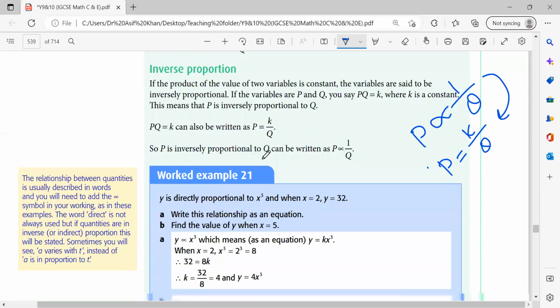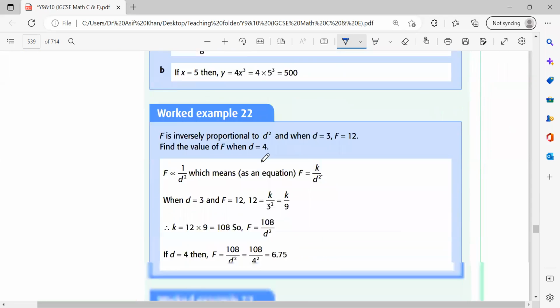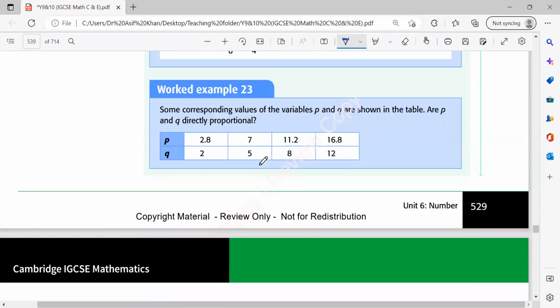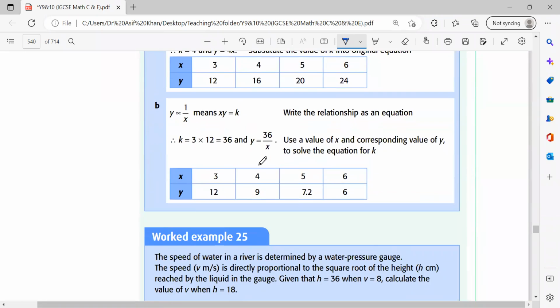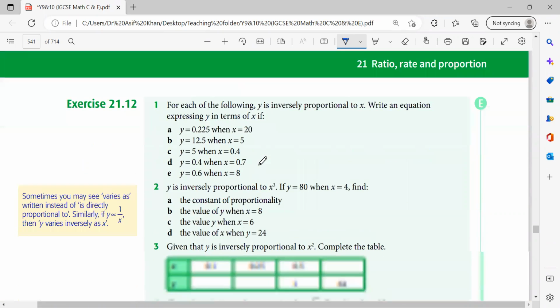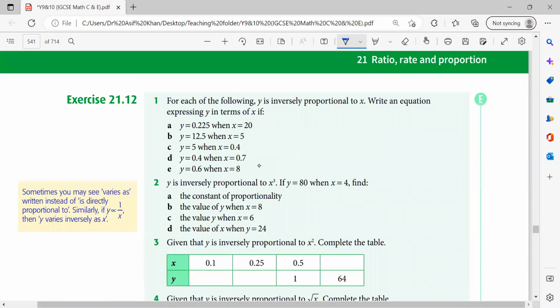Now here you can see, with the questions we start. See, in the first one, question number A, the value of Y and the value of X are given. Why are both values given for the first case?